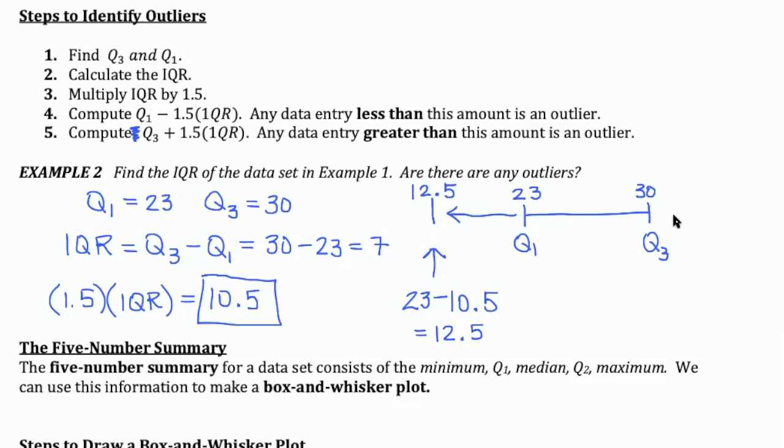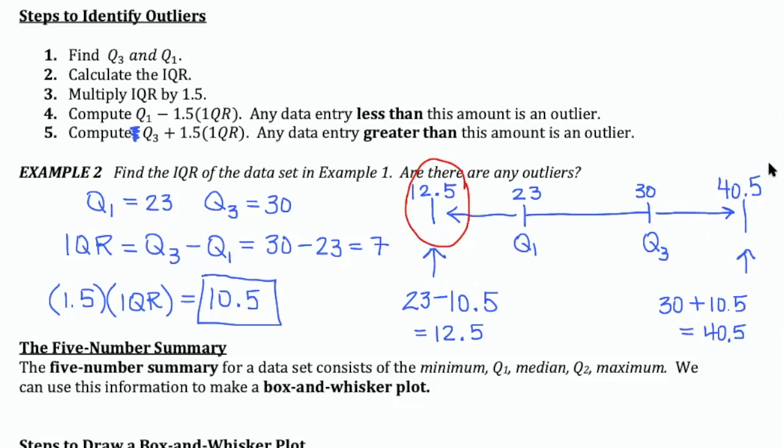Then on the other side, I'm going to do the same thing, except I want to stretch this border and make it lower, so I subtracted. I want to stretch my Q3 border further out and make it larger. Therefore, it makes sense that to find this border, I would go ahead and take my Q3, which is 30, and add the 10.5. And what we've created here are boundaries for the data set at 12.5 and 40.5.